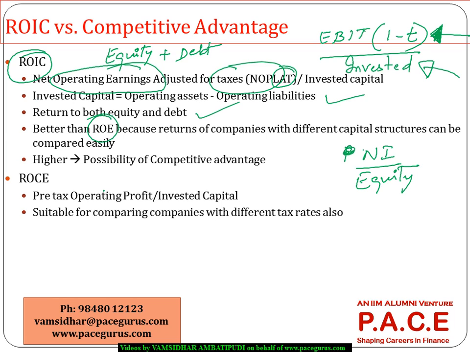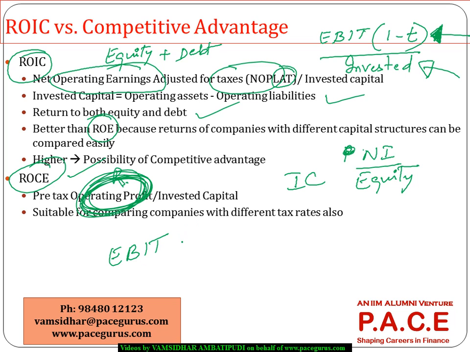A slightly better way than ROIC is ROCE, return on capital employed, which is again on the invested capital itself, but the only thing is this does not take post-tax. It takes pre-tax operating profit. This is even better for companies with not only different capital structures, but also different tax structures.